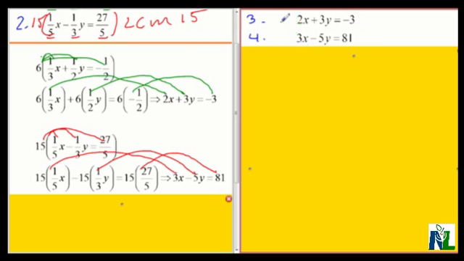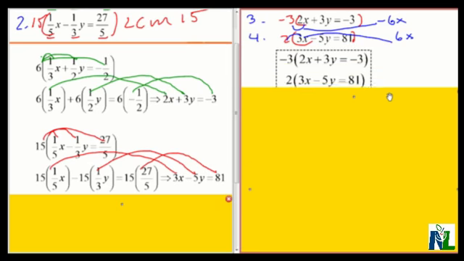I'm going to do that by multiplying equation 3 by negative 3 and equation 4 by 2. Because I'll get a negative 6x piece here, and a 6x piece here, and therefore, when I add the resulting equivalent equations, the x terms will be eliminated.